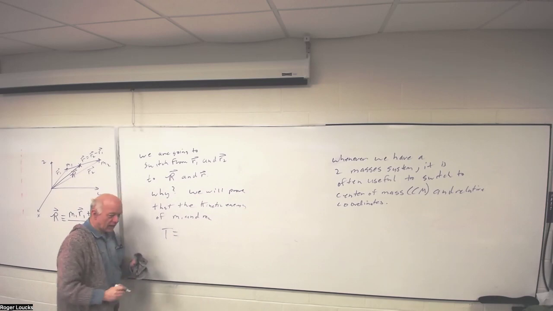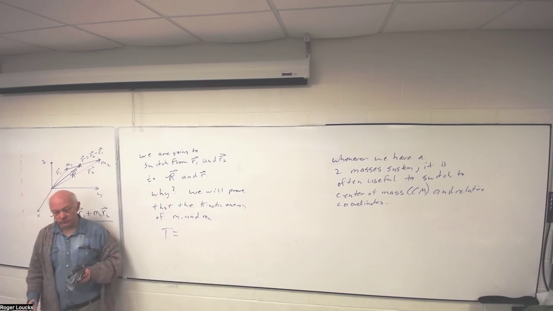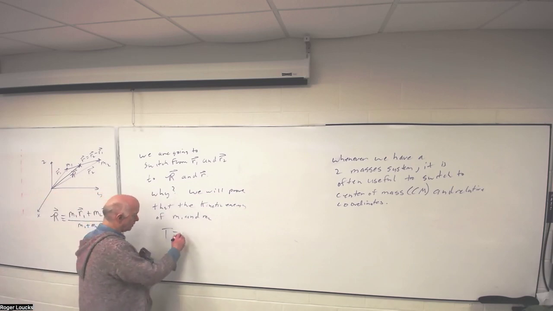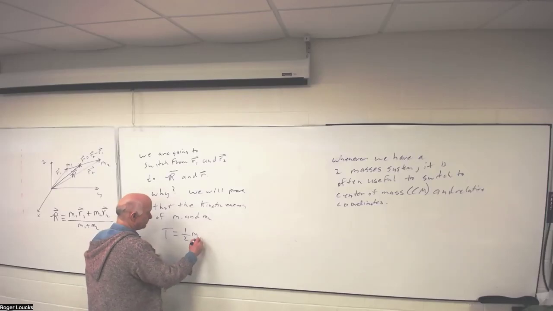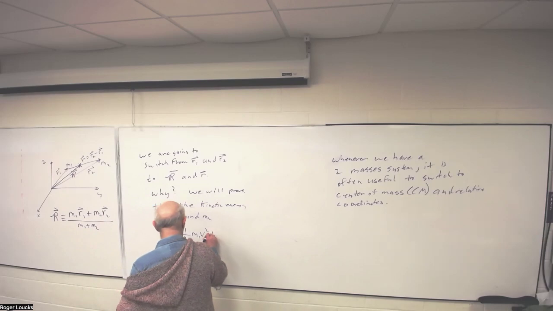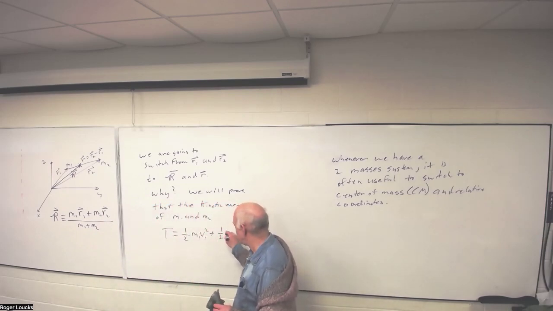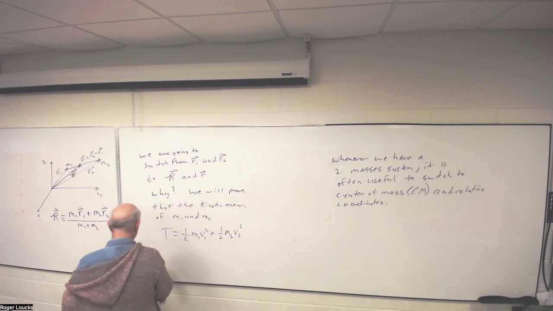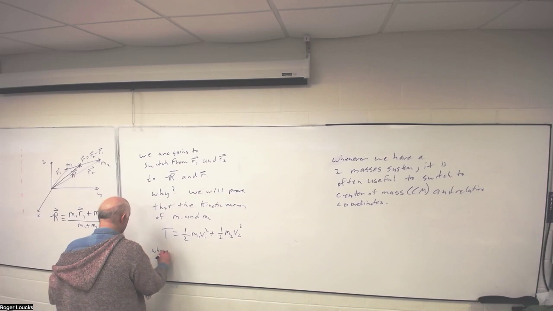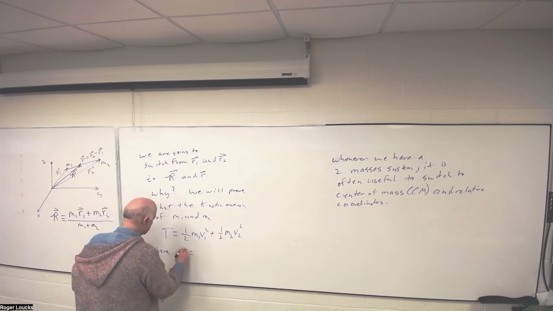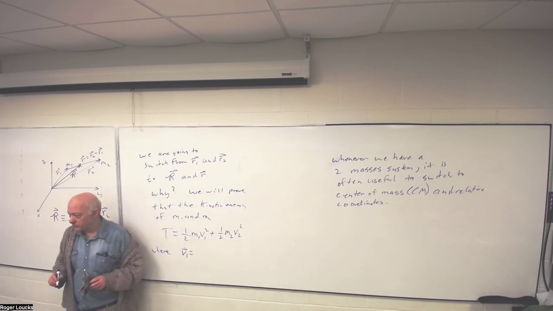And how do I write that kinetic energy in these two coordinates? Kinetic energy of the first particle would be 1/2 M1 V1 squared plus 1/2 M2 V2 squared, where what is the V1 vector?